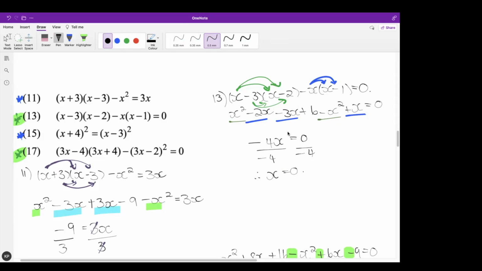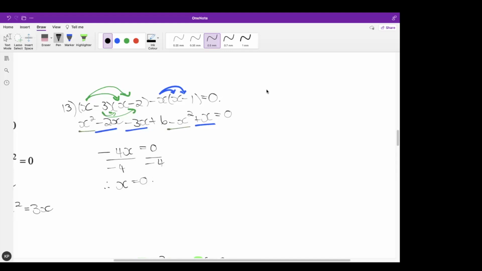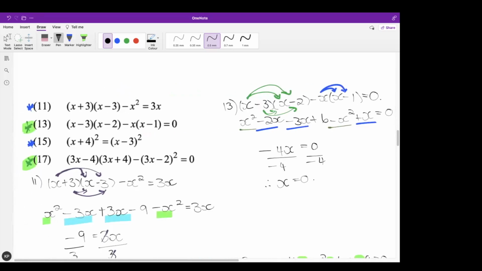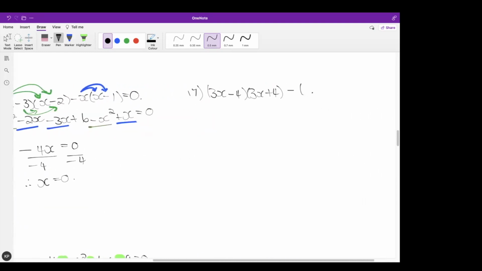Any takers for 17? Have we still not done it? Okay. 17. We have a 3x minus 4 times 3x. Okay. Buhlale, you're trying it. That's fine. And Buitumelo has given me an answer. Thank you, Buitumelo, for trying it.